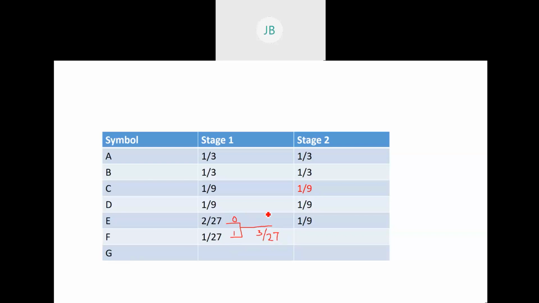So we have all these candidates here. How do we sort? This is 1 by 3, this is 1 by 3, and there is 1 by 9 here, and 1 by 9 here, and a newly generated 1 by 9.